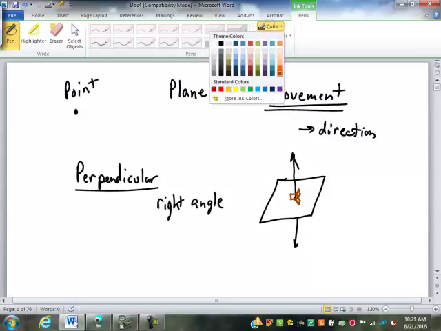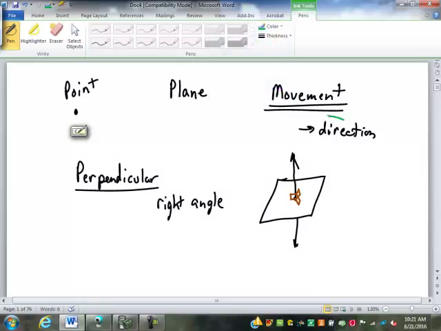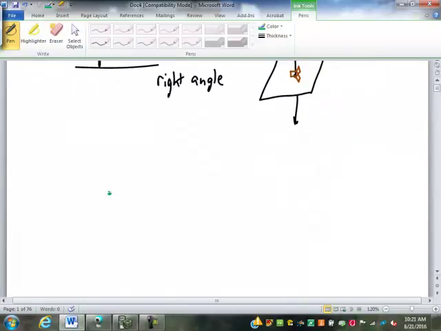Okay, so now let's start with this idea of direction here. The original idea of direction, which is kind of outdated and we don't use it a whole lot anymore, dates back to navigation. In navigation, you had a 0 degree direction, which, if you're looking at the compass, would usually be the east direction.